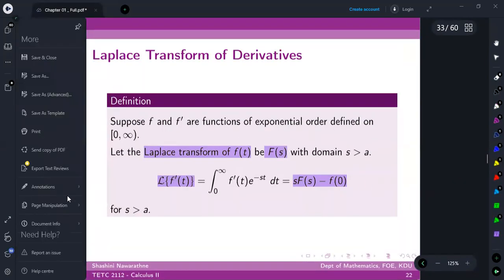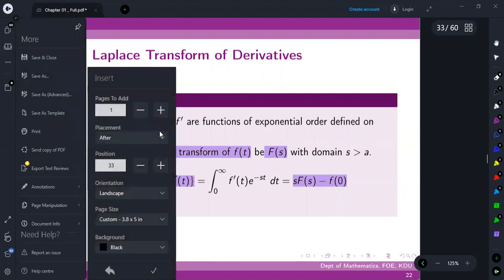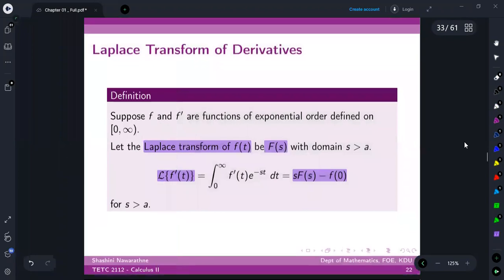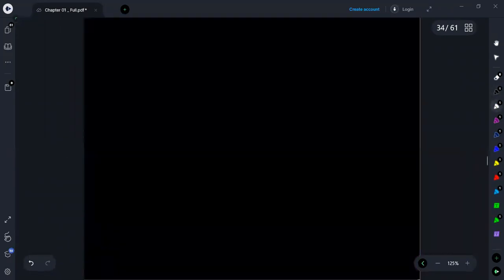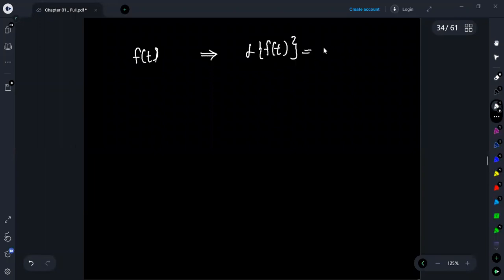Let me add a page and do it. Okay, let's see. We have a function f of t, and the Laplace transform of the function f of t is equal to capital F of s.